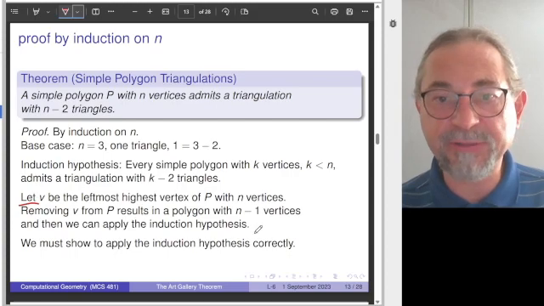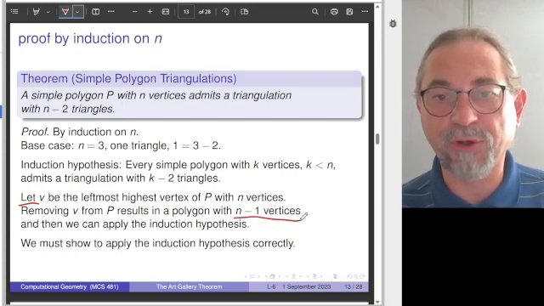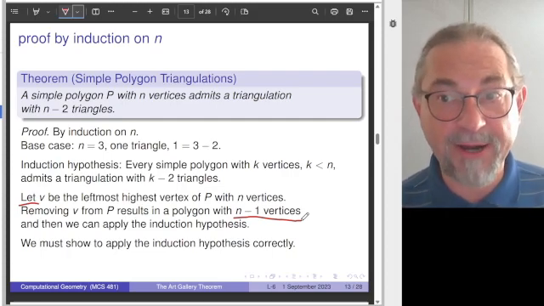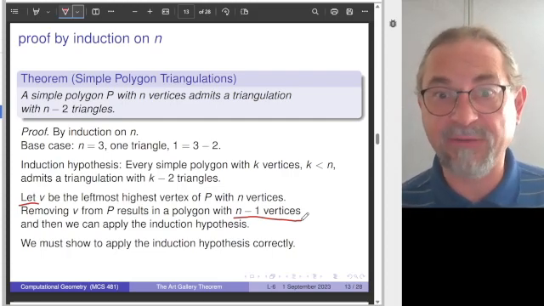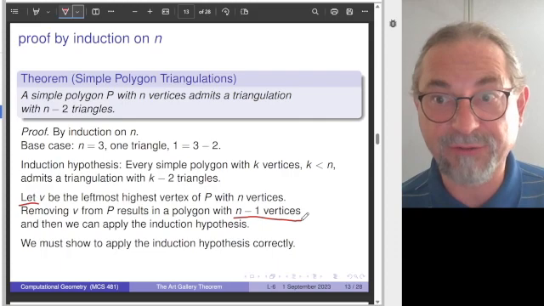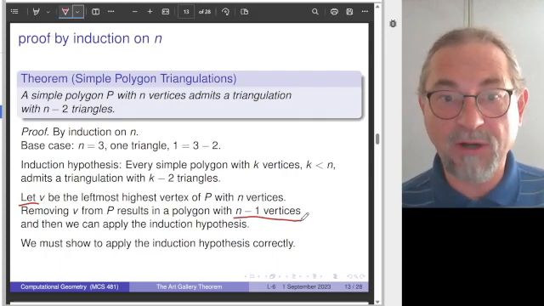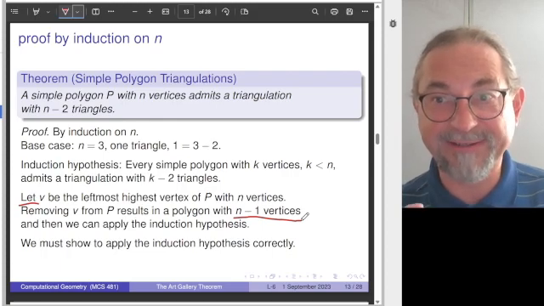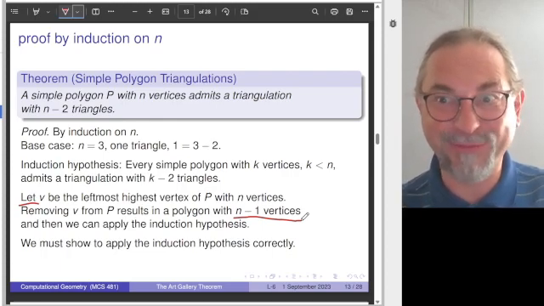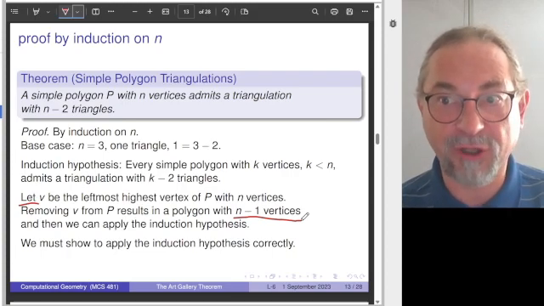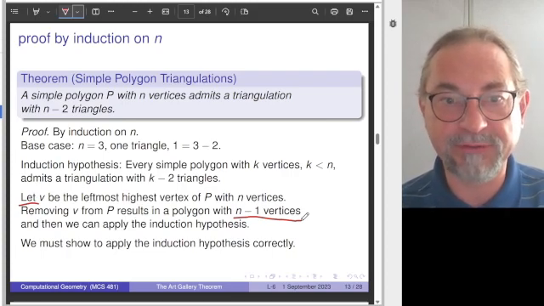The induction hypothesis will work on a polygon with n minus 1 vertices. It's true for n minus 1, so we can already say we have n minus 3 triangles in the triangulation. And now we know how many more triangles we can have. That's only one more. So here is where the correct application of the induction hypothesis is important.